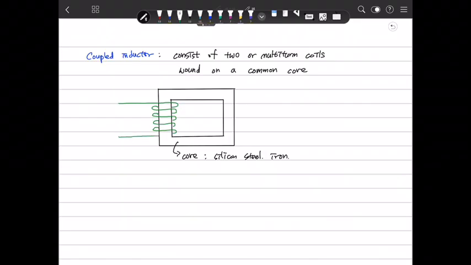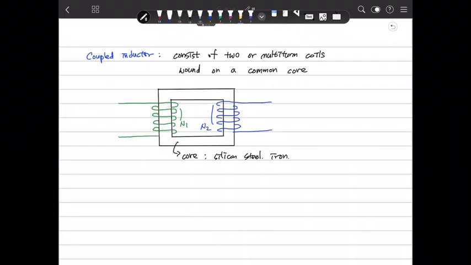So two coils are wound on the common core, and this turn number is N1 and this turn number is N2.